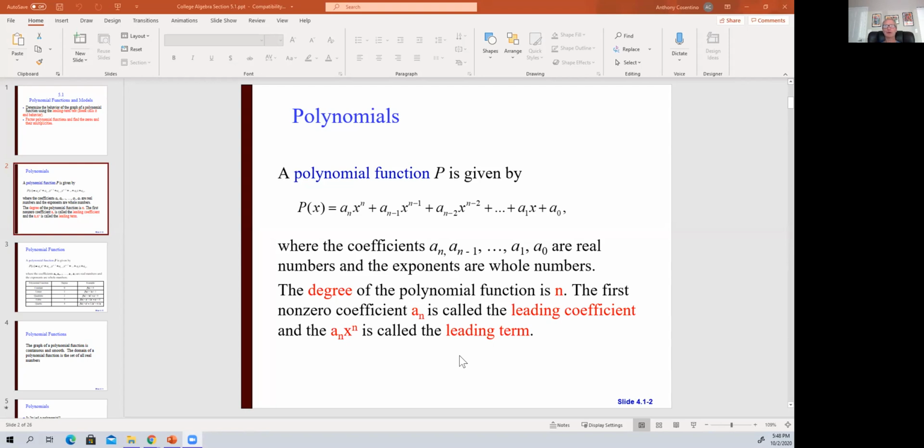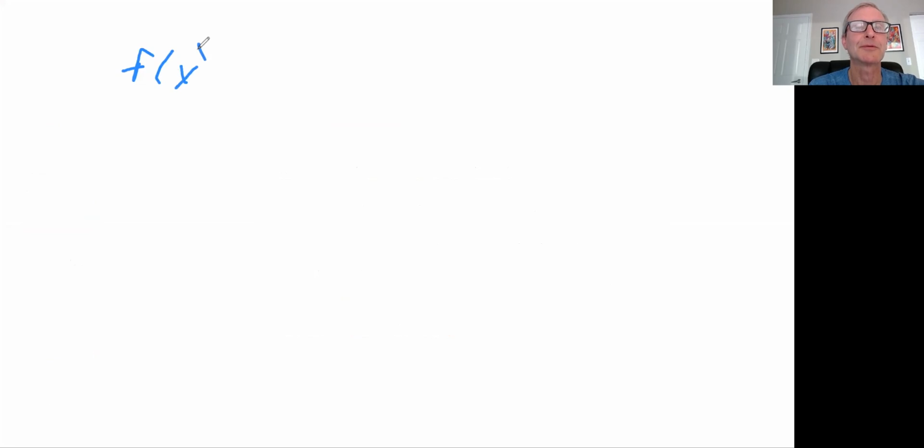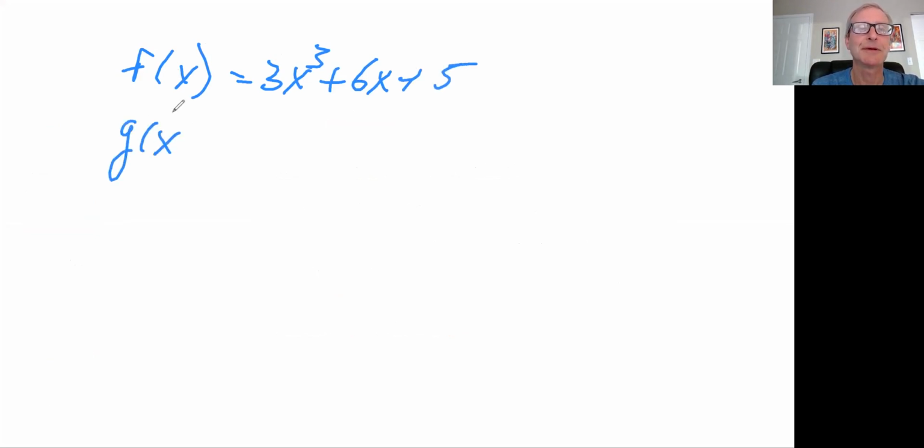And so the idea is that these are polynomials. And so these would be equations that would look like this. f of x equals 3x cubed plus 6x plus 5. It would look like g of x equals 7x to the fifth plus 7x plus 8.